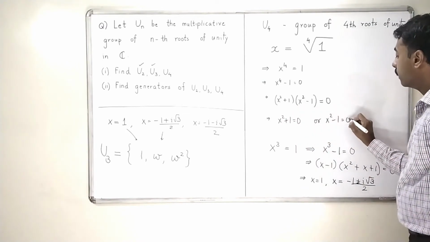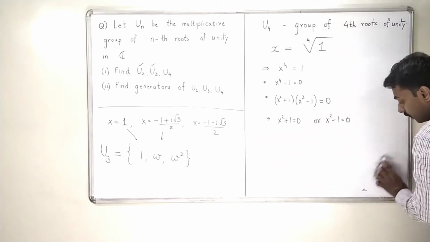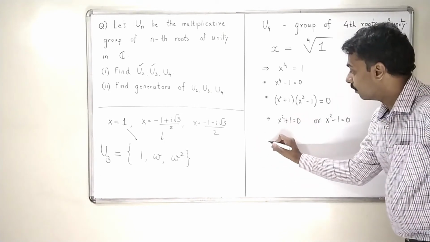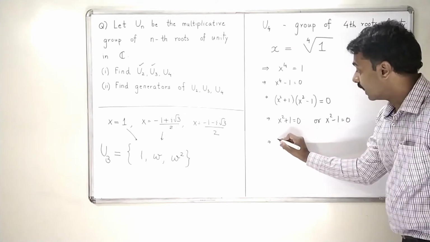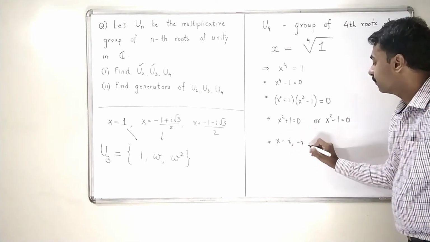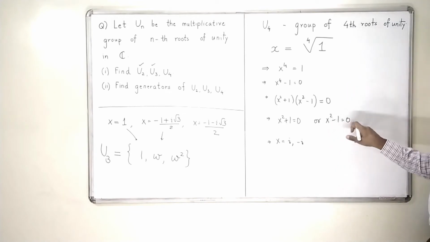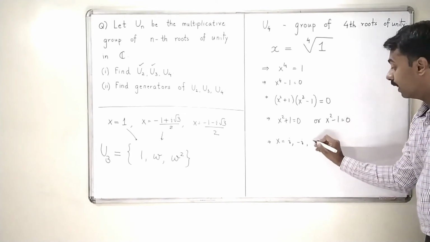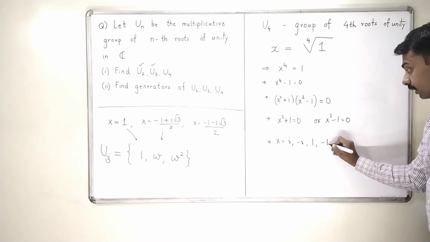The solution of x square plus 1 equal to 0 has two roots, which is x is equal to I and minus I. And what is the solution of x square minus 1 equal to 0? X is equal to 1 or minus 1.